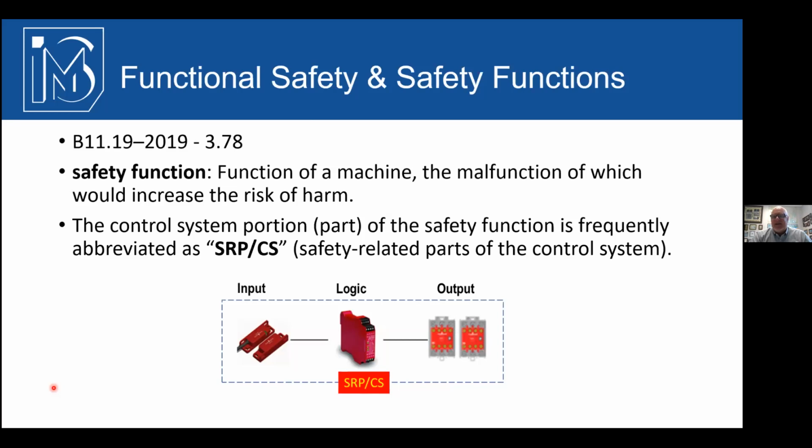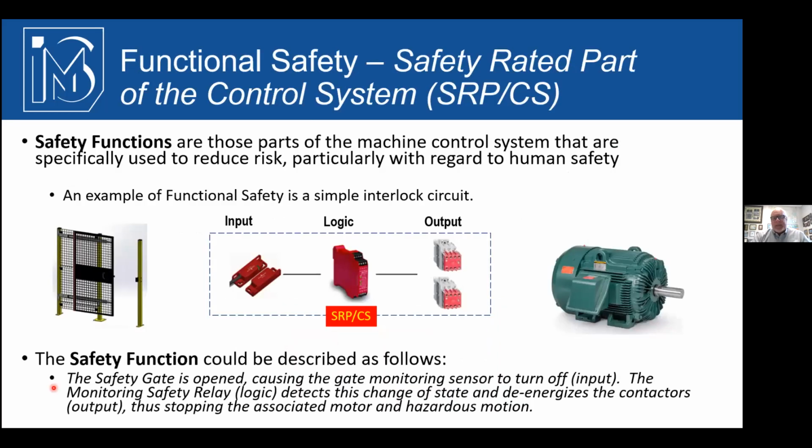If it's a relay, it's the hardwired aspects, the wiring of it. If it's a programmable controller or configurable relay, it's the software in there as well, relying on that. And not just the control circuit itself, but the actuators and the physical guarding. So this would be a better look at what a safety function is.